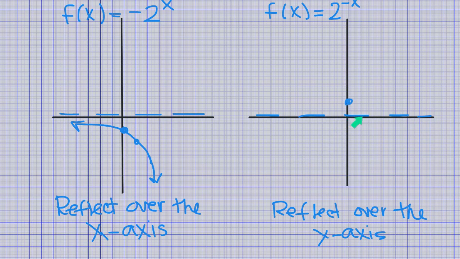Normally we move over 1, go up to the base, which is a height of 2, but we're going to reflect it over the y-axis using that as our mirror, so it's going to come over here to (-1, 2). And you might think, well, then that looks like a decay problem, and it actually is, because this could have been rewritten as (1/2) to the x, because anything to the negative power would be a reciprocal.